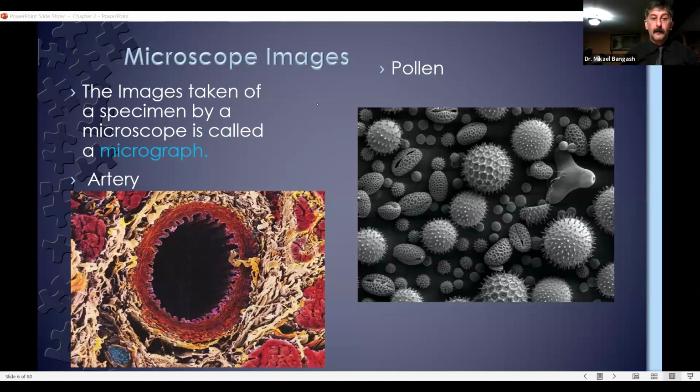So a micrograph is mainly an image or a picture of a specimen of something taken through the lens of a microscope. Nowadays, microscopes are such that you may not only take a picture, but you can actually create a movie.